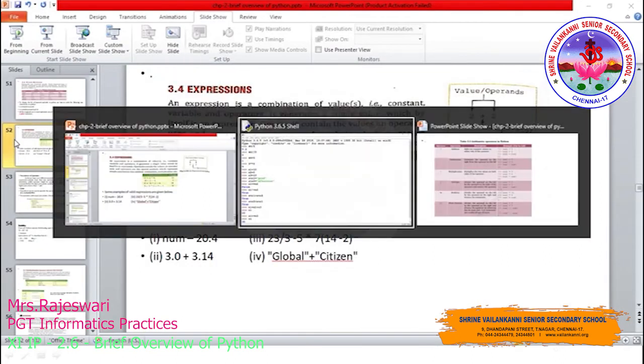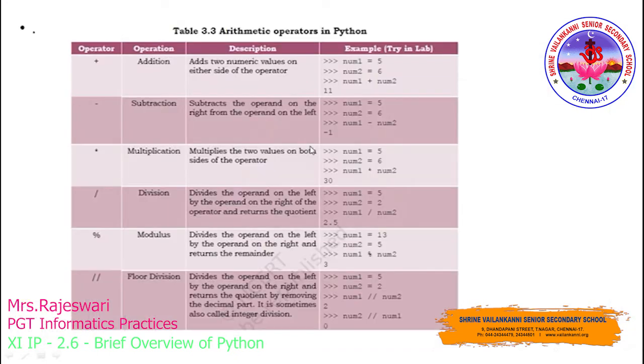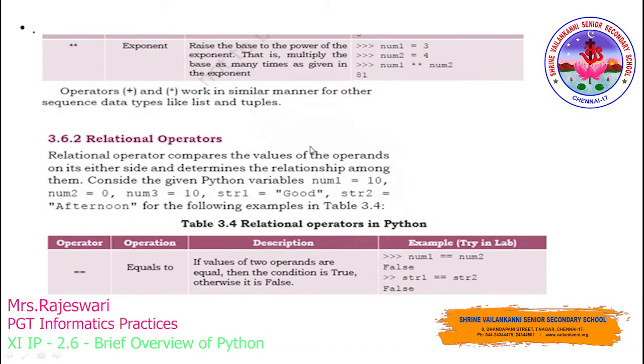Got it? And then we are going to discuss the other operators. So the next concept is relational operators. It is also called a comparison operator. Comparison operator means we will make use of the less than, greater than symbols and so on. By comparing two values, it will return the result as true or false, like we discussed in the Boolean data type.